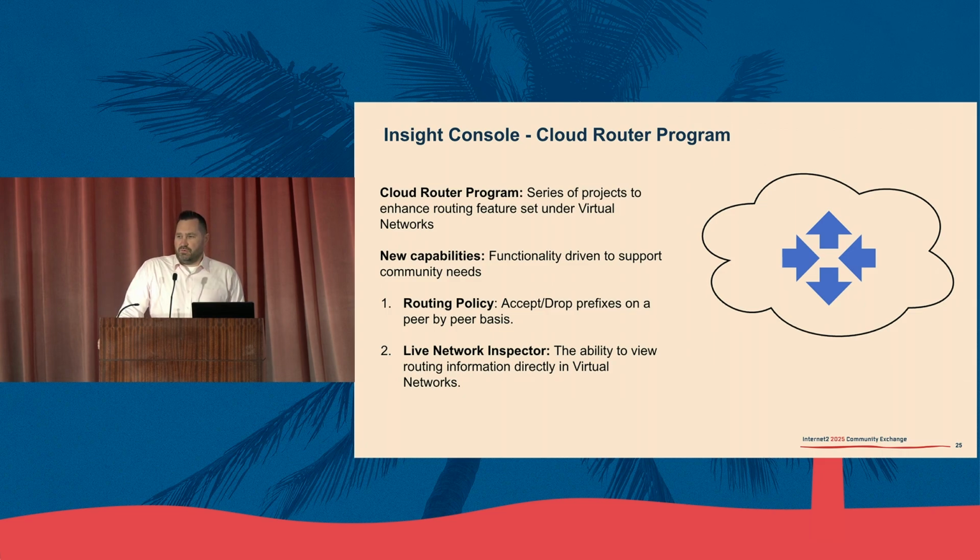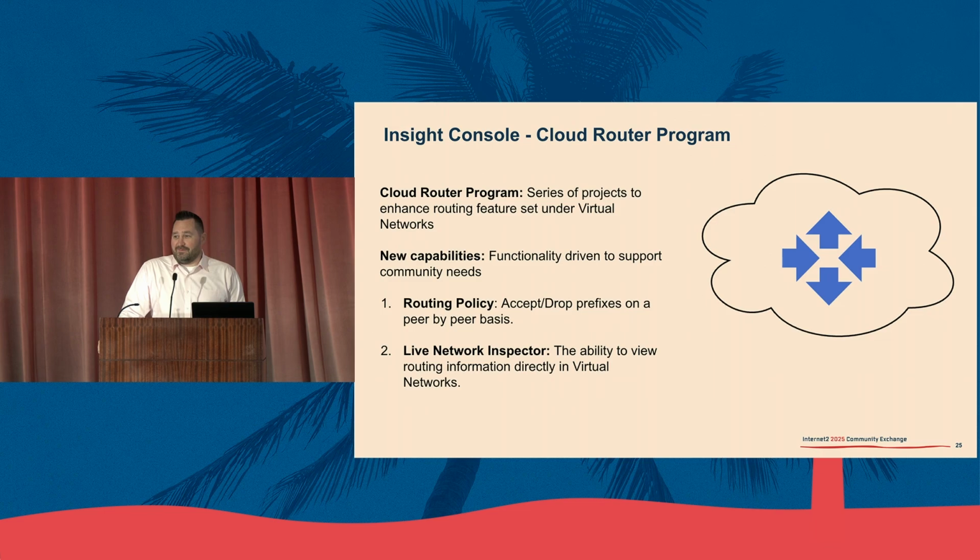The first two new capabilities under the cloud router program are going to be routing policy. It's not every routing policy and every routing feature that you might have in a router on campus, but the first subset is going to be to accept and deny prefixes. If you're peering, and this is a very common use case we've heard from folks, they're not in one cloud anymore.